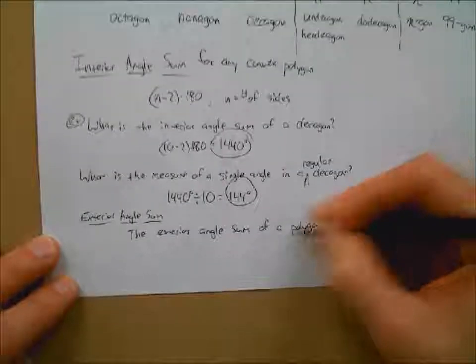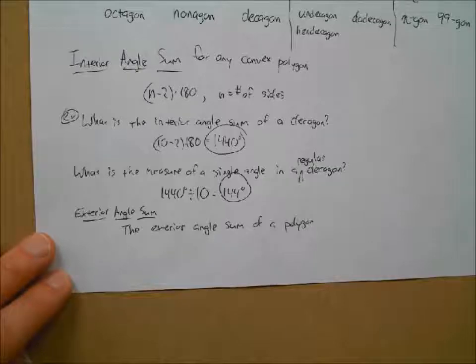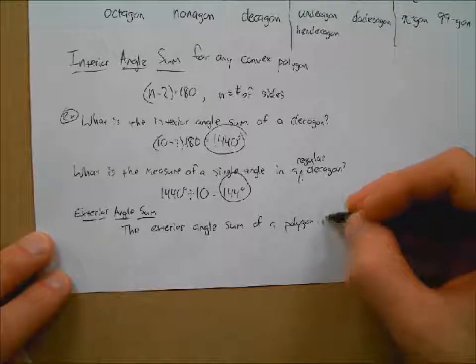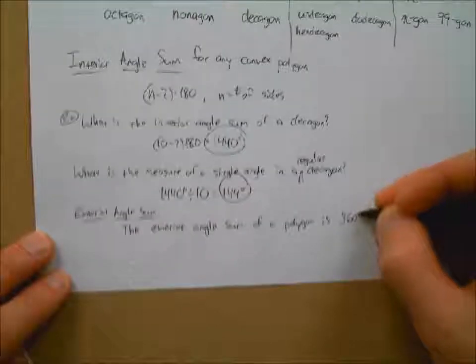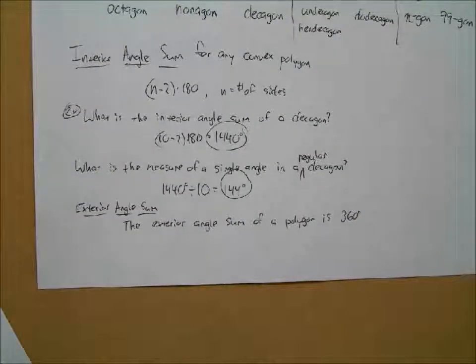Notice I'm not specifying what polygon it is. Number of sides, nothing. Just any kind of convex polygon is 360 degrees. For a triangle, all 3 exterior angles will add to 360 degrees. For a decagon, all 10 exterior angles will add up to 360 degrees.